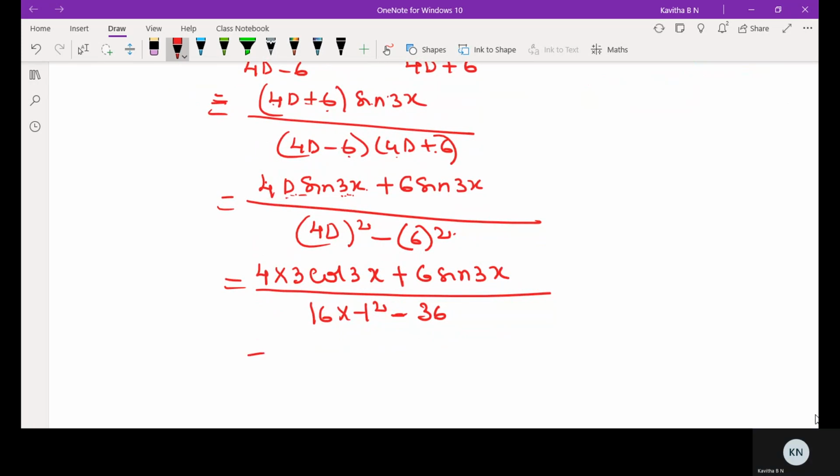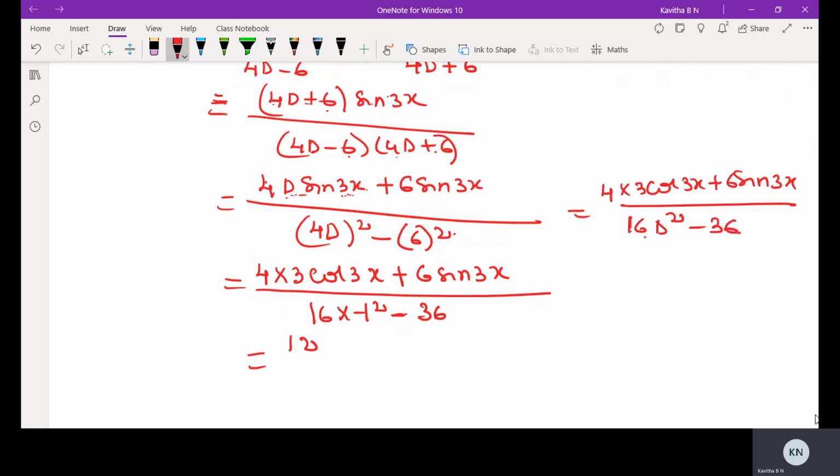Then 4 threes are 12. Here we have (4 · 3 cos 3x + 6 sin 3x) whole divided by 16D² - 36.